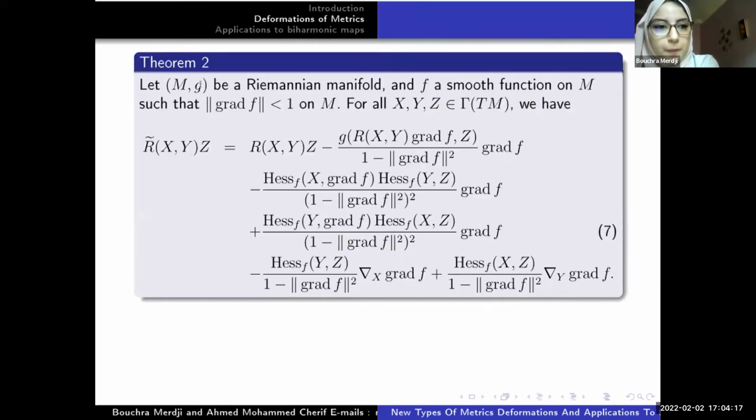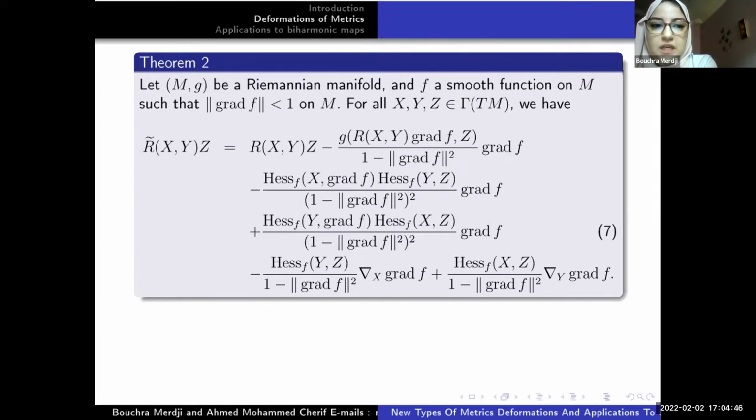Theorem number 2. M equipped with G is a Riemannian manifold and F is a smooth function on M, such that the norm of the gradient of F is smaller than 1 on the manifold M. For every vector field X, Y, Z on the manifold M, we have that the curvature tensor R tilde is given by this equation number 7.